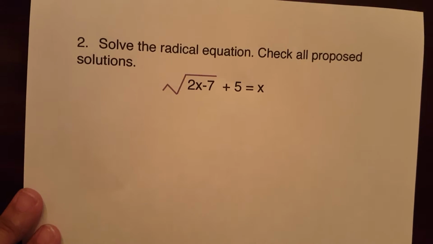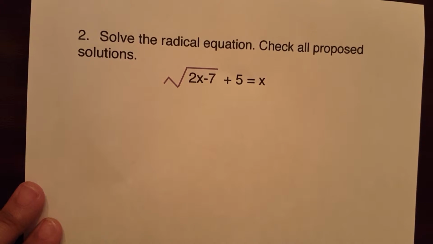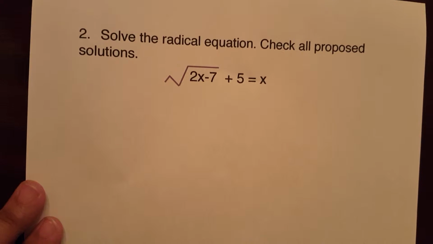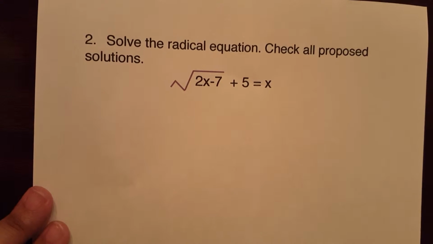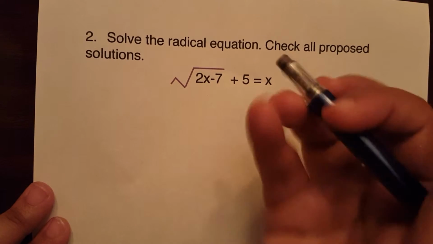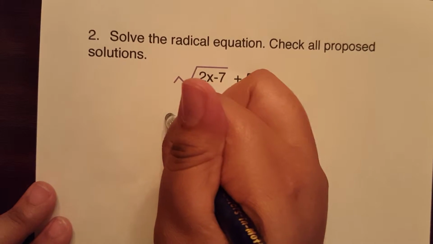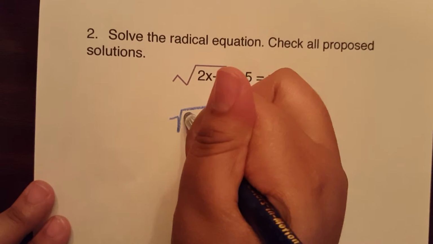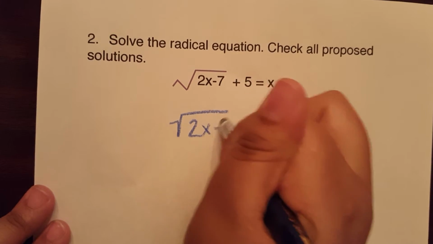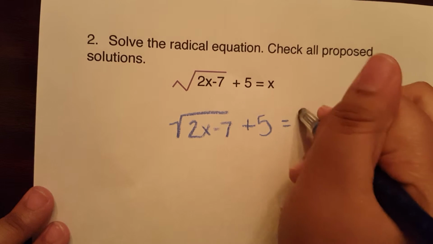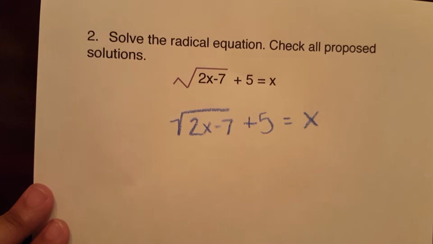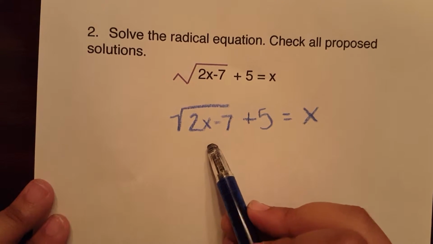Okay, so for number 2, it says solve the radical equation. Check all proposed solutions. So what we do is I'm going to rewrite the question, the problem. Okay, so we need to get the radical by itself.